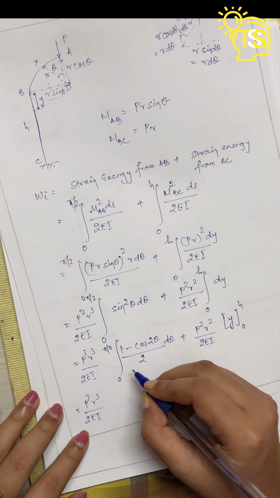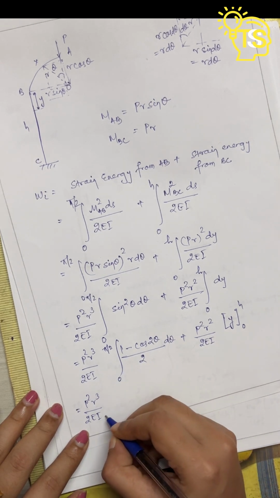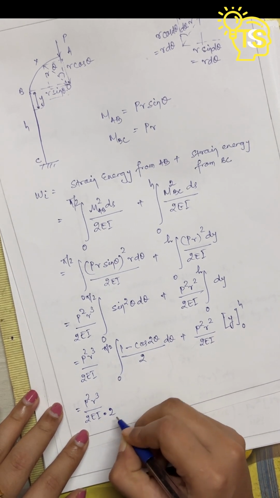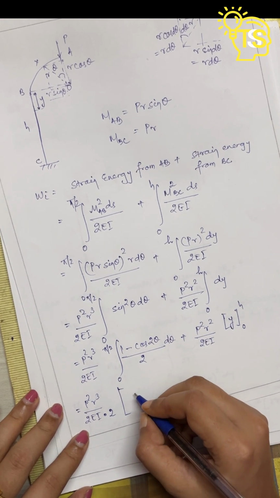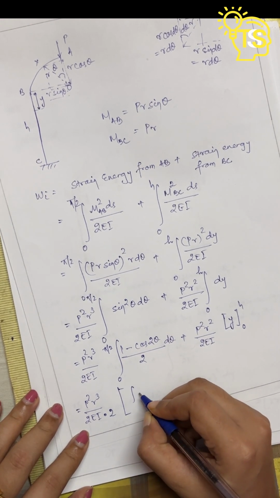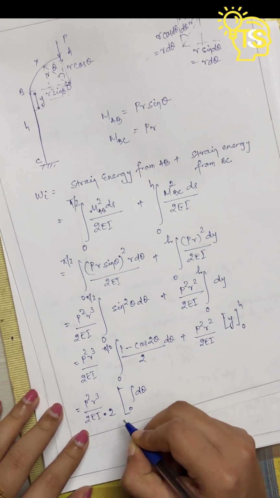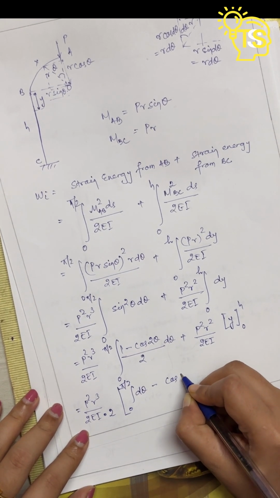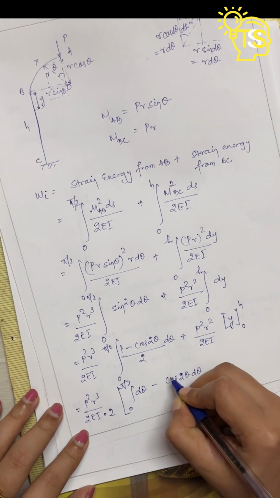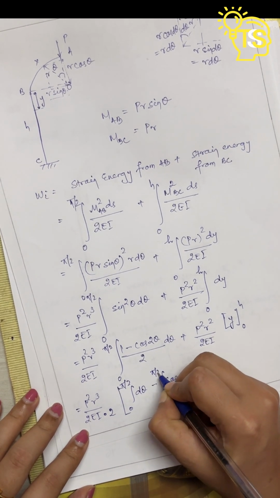Let's take this 2 outside the integration. Here it will get multiplied to 2EI. Now let's break this integration. Now we will get d theta from 0 to pi by 2 minus cos 2 theta d theta, integration from 0 to pi by 2.